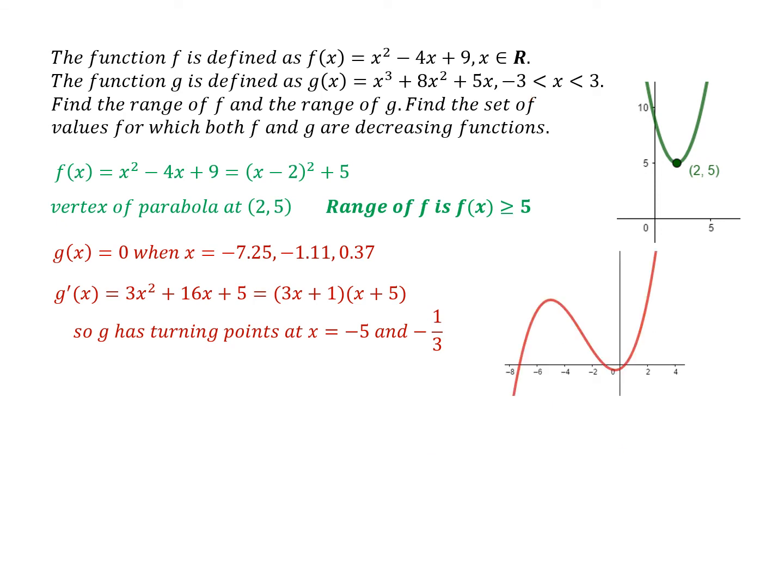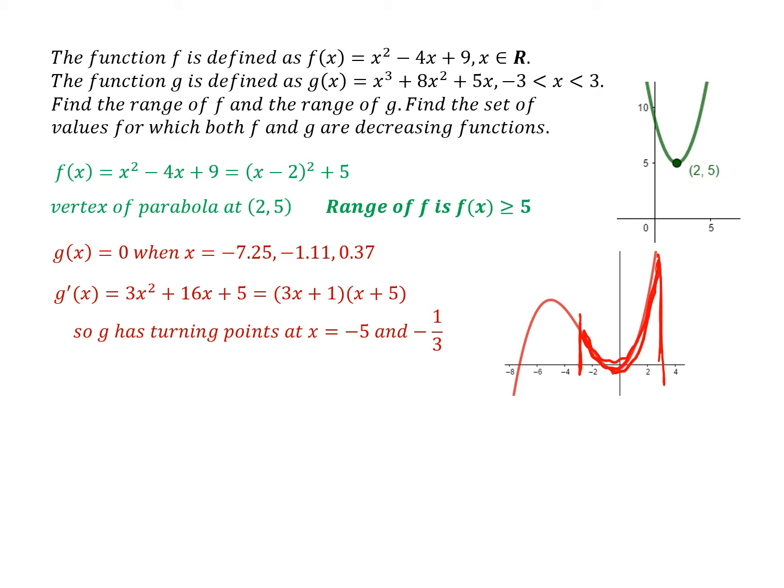So there's a slightly neater picture of my supposed sketch of g of x. But minus 3 is about there and 3 is about there. So it's only this part of the curve which is g of x.